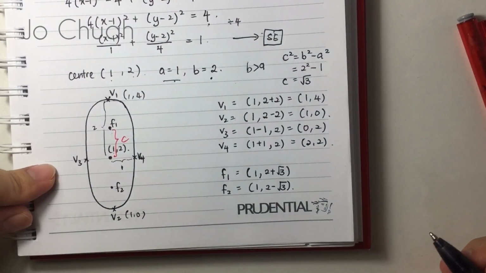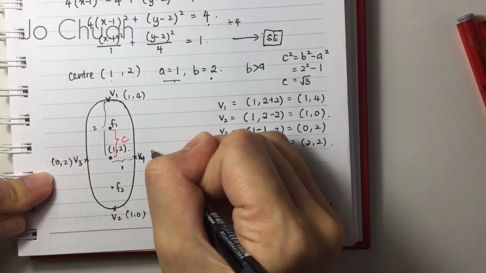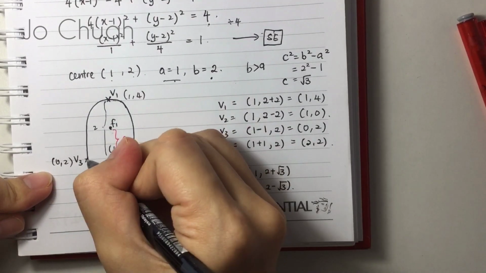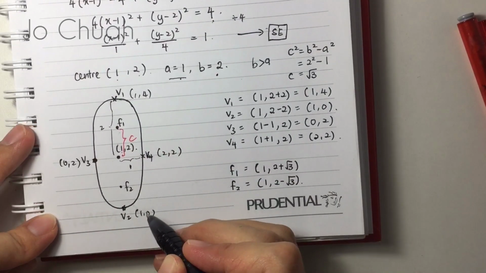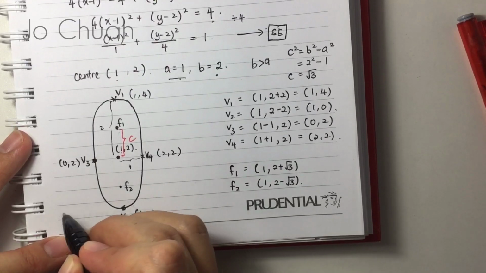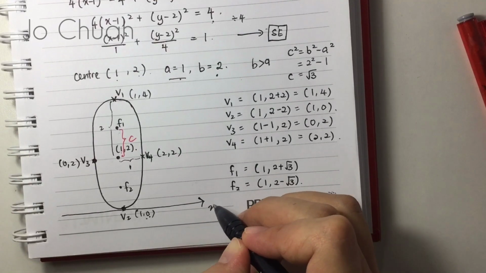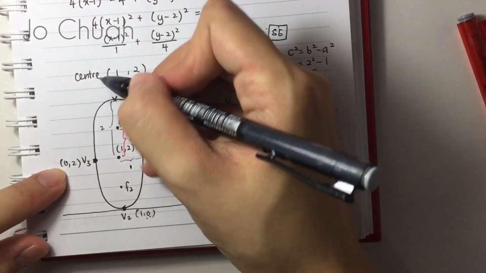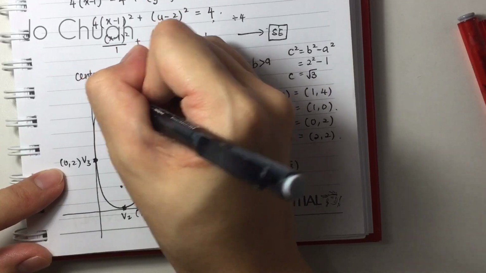So it asks you to sketch, right? So you have to put the axes as well. Since you have the 0 point here, you have to know that this is y equals 0, so here is the x-axis, and you have x equals 0 here, so here is the y-axis.